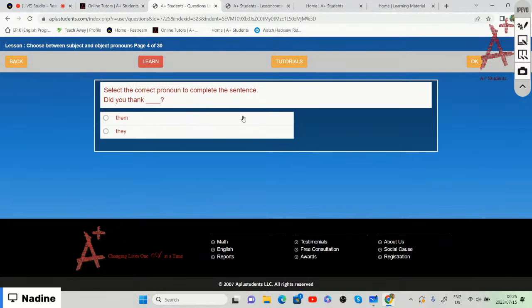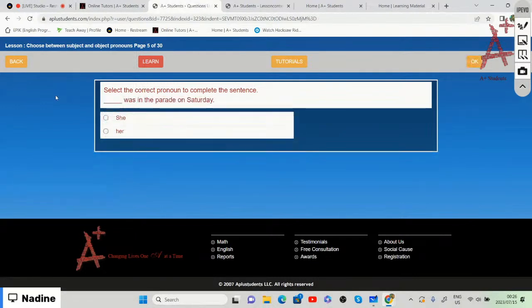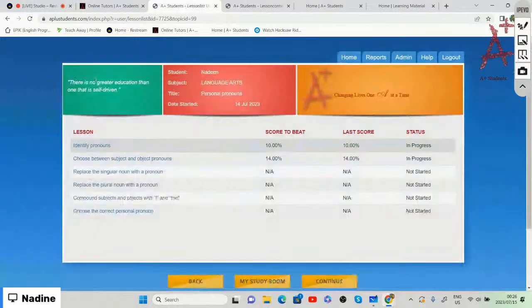All right, so we're going to say them, and them is an object pronoun, right, which comes after the action verb thank. So that is choosing between subject and object pronouns, right?